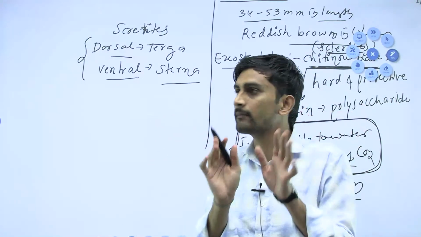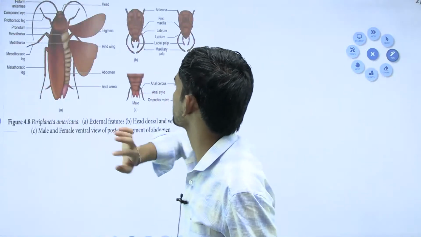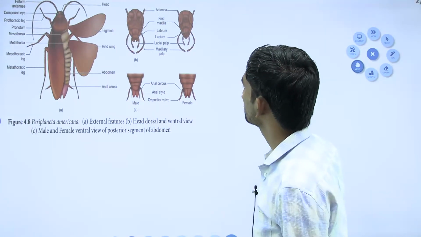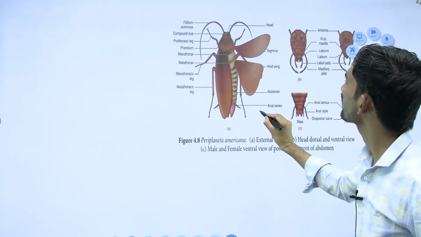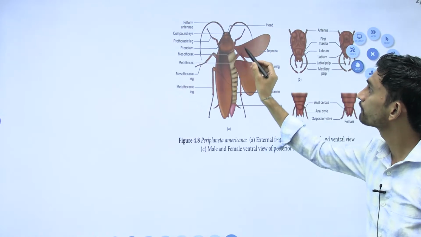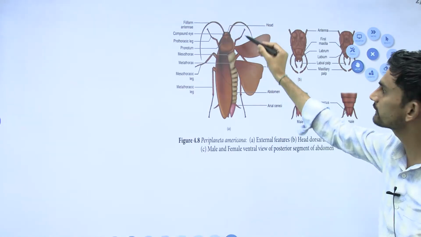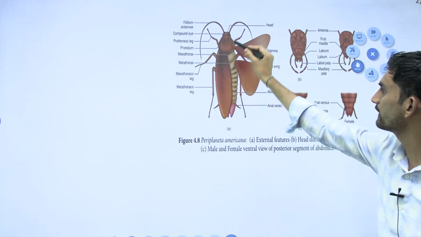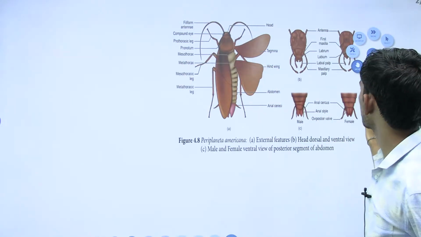And both are joined. When you take the cockroach structure, here it is. Here is the head region, these are antennae, sensory structures, followed by the small thorax region and a long abdomen.